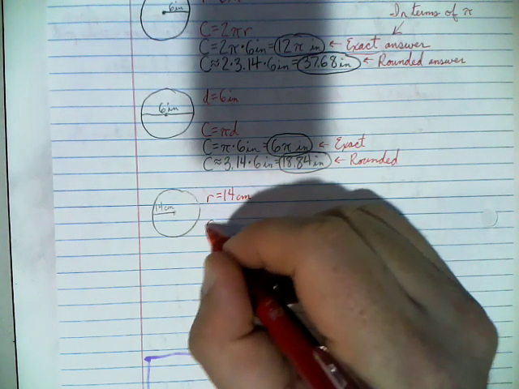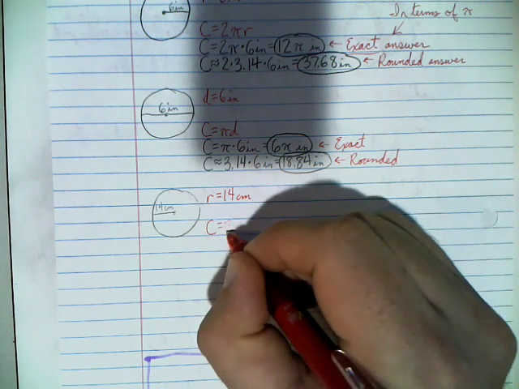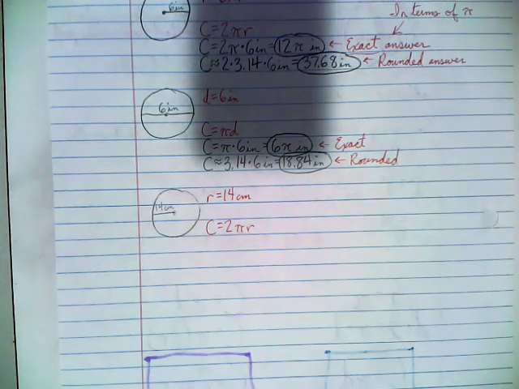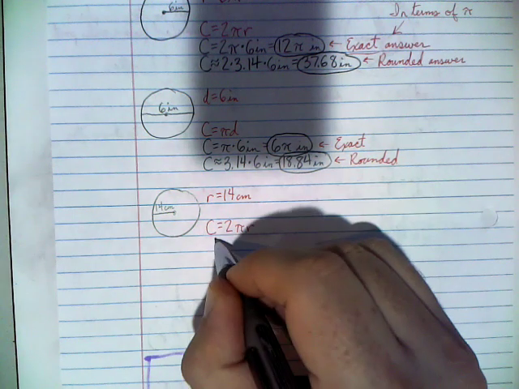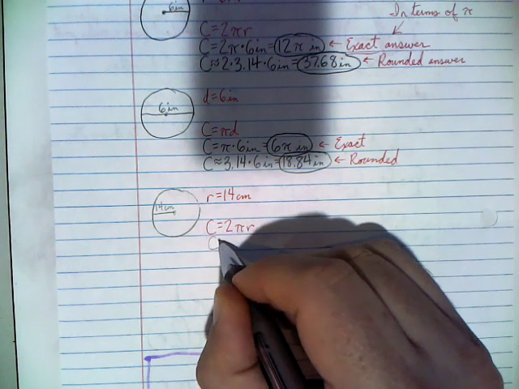So I'm going to gravitate towards 2 pi r for my circumference. Now we're going to skip the exact answer this time. That's pretty easy. Hopefully you've got the hang of that. We're going to go to the rounded answer here.